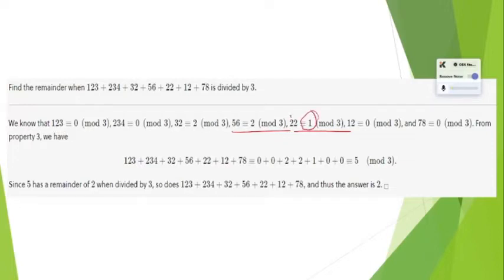So, if we divide 22 by 3, 3 times 7 is 21. So, let's try if totoo to, congruent sila. That is 22 divided by the mod 3, so that is 7. 7 times 3 is 21. So, remainder 1. So, yung nilagay niya dito, 1.